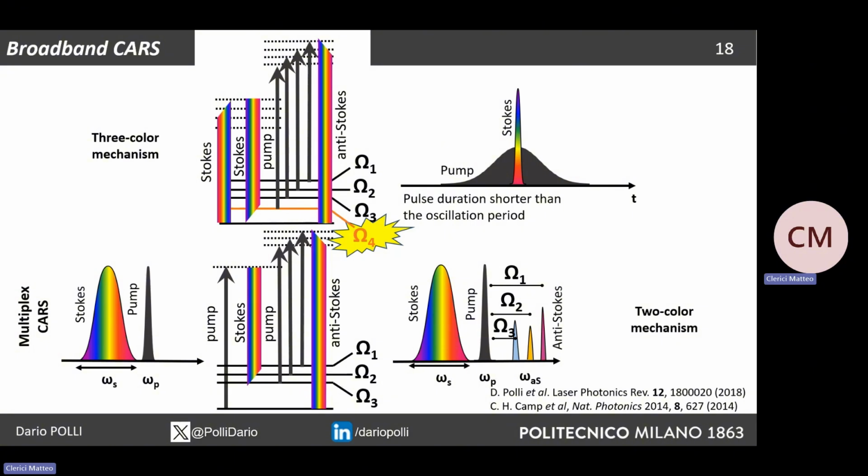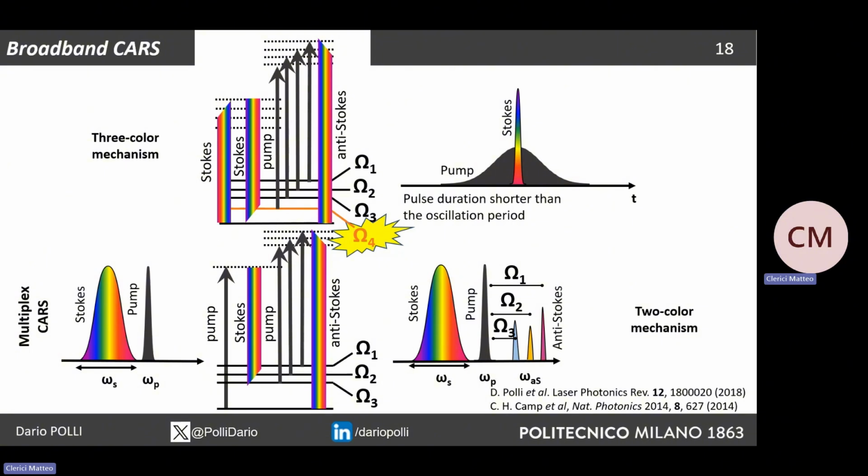You have now a very long in time pump because it has a narrow band spectrum, and then you have a very short Stokes in time because it is very broadband. So this is picosecond, this is femtosecond. Of course, you need to compress and check your spectral phase, because you need this short pulse duration at the sample plane. So you go through many optics and objectives, so you have to take care of the dispersion. But it's possible.